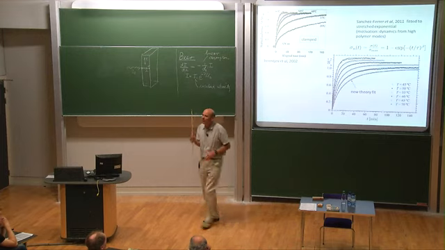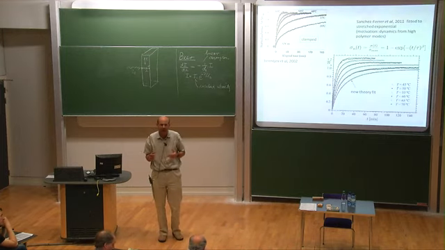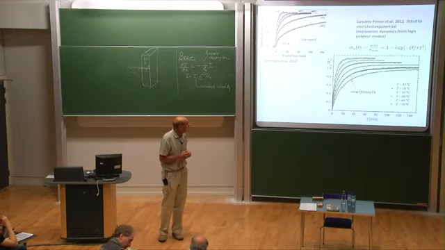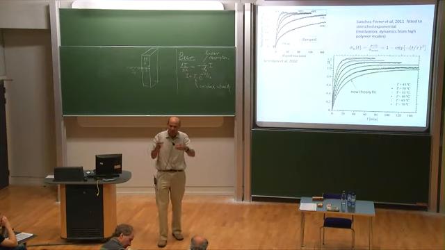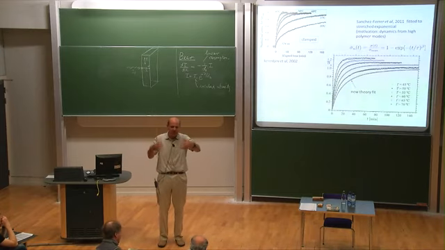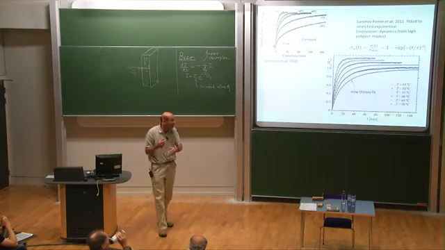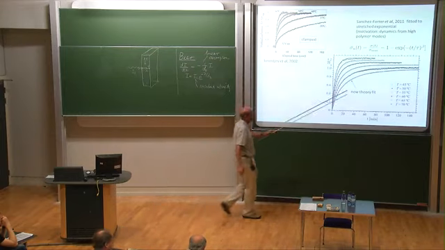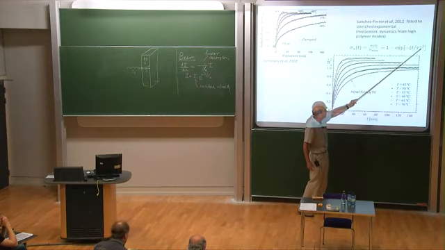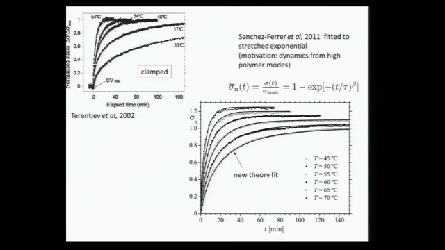The usual motivation for fitting to a stretched exponential is that you have high polymers, which are long chains, they have lots of internal modes, and as they move, you superpose these modes together, and you get a rather strange non-analytic form where beta can be 0.5 or 0.6 or so.